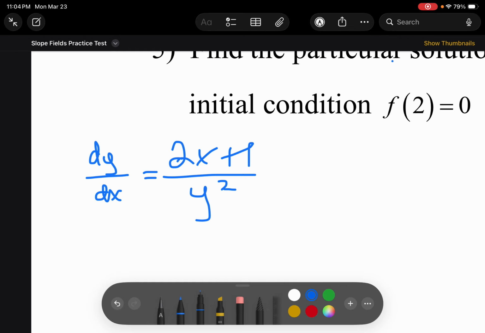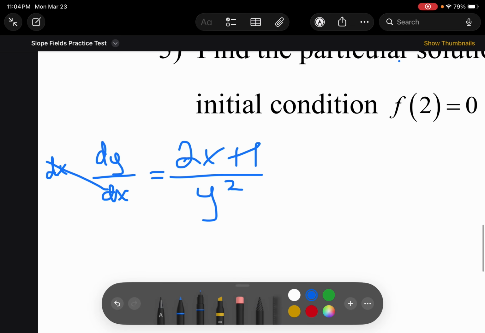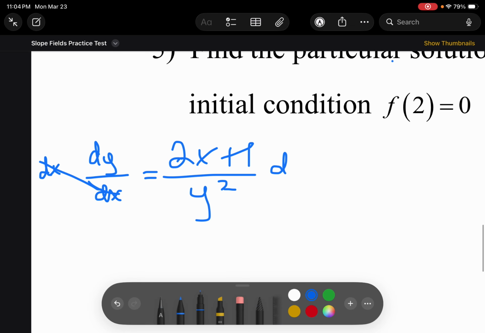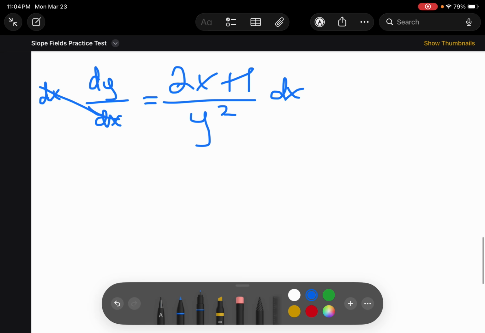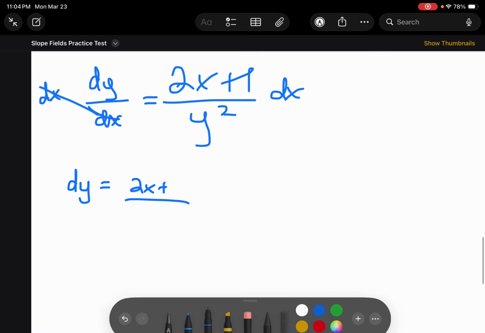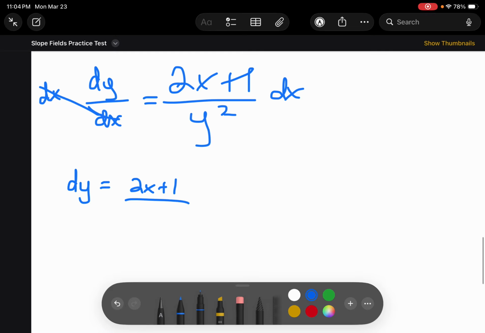Okay. So now what we're going to do first is bring the y's to the left and bring the x's to the right. So what I'm going to do first is multiply both sides by dx. I prefer doing this step by step so you guys don't get confused. So it's going to be dy equals 2x plus 1 over y squared dx.